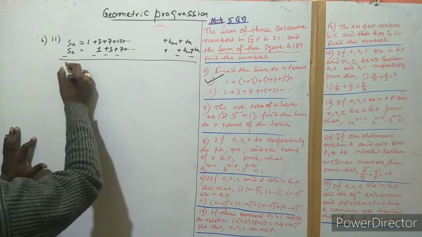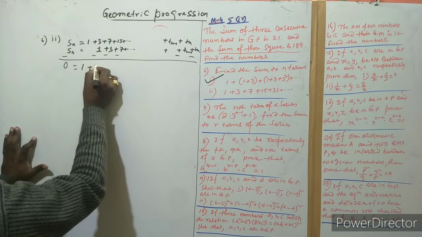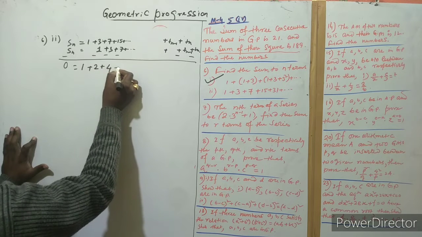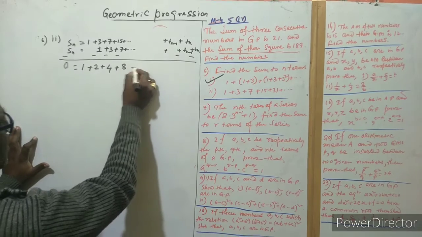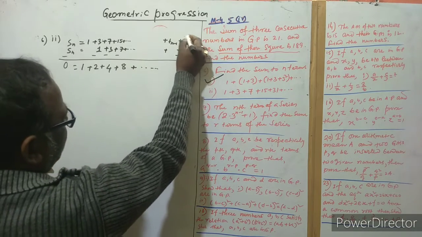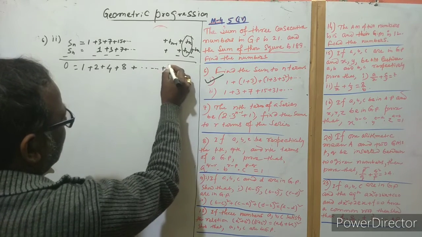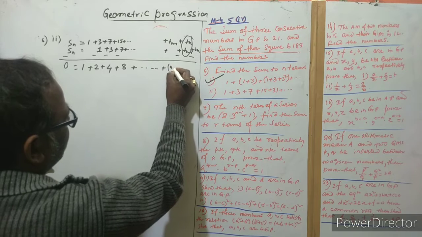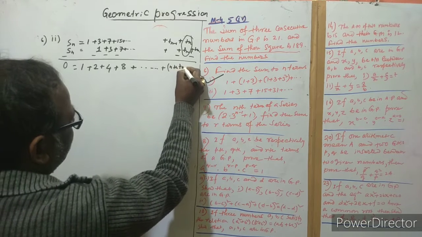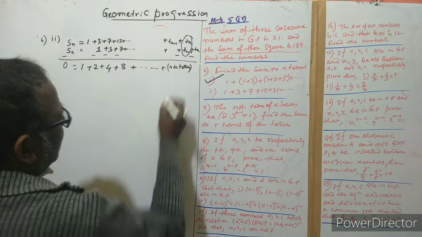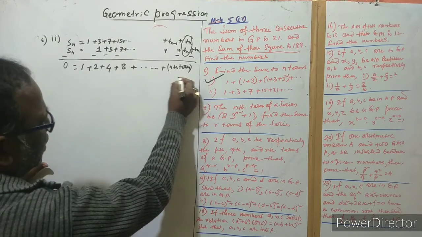Then what do we get there? This is a 0. So 1, this is 2, this is 4, 8, and if we subtract these two, we get the nth term, minus Tn.